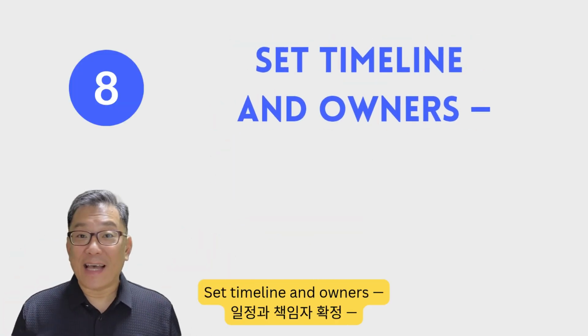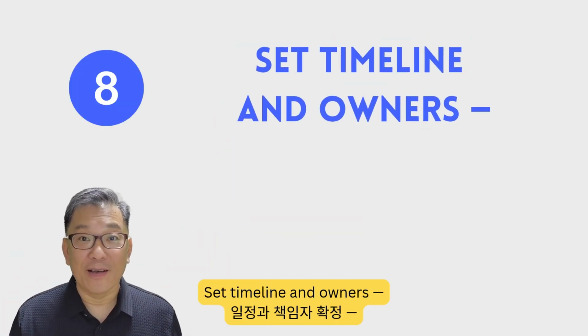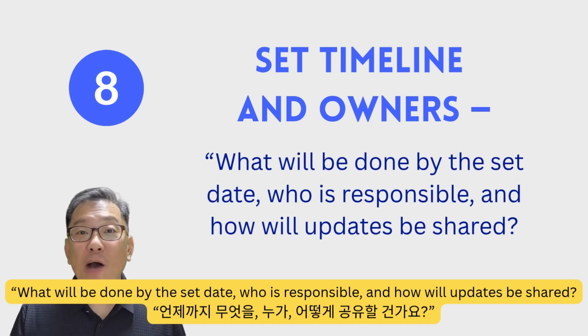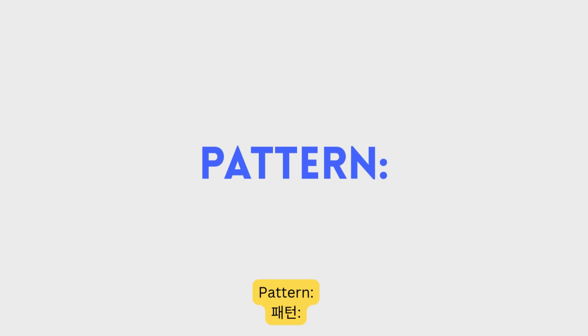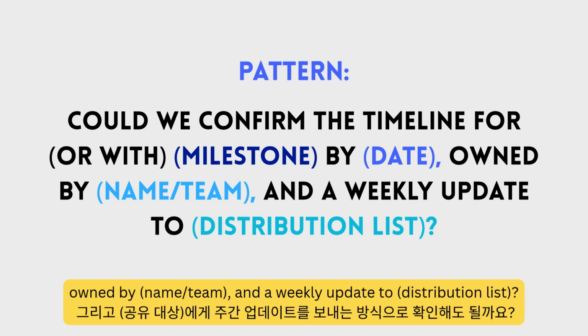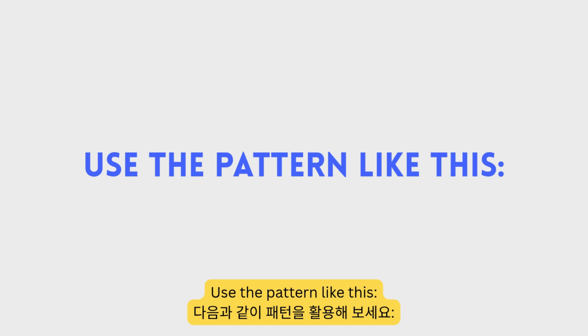8. Set timeline and owners. What will be done by the set date? Who is responsible? And how will updates be shared? Pattern: Could we confirm the timeline for milestone, by date, owned by name, team, and a weekly update to distribution list? Use the pattern like this.